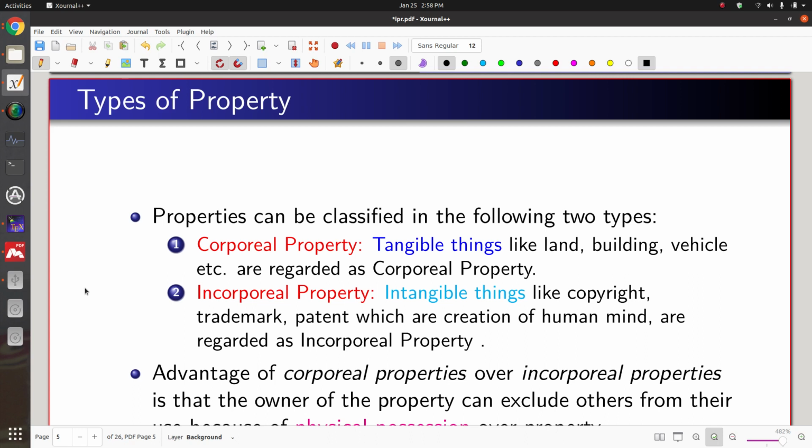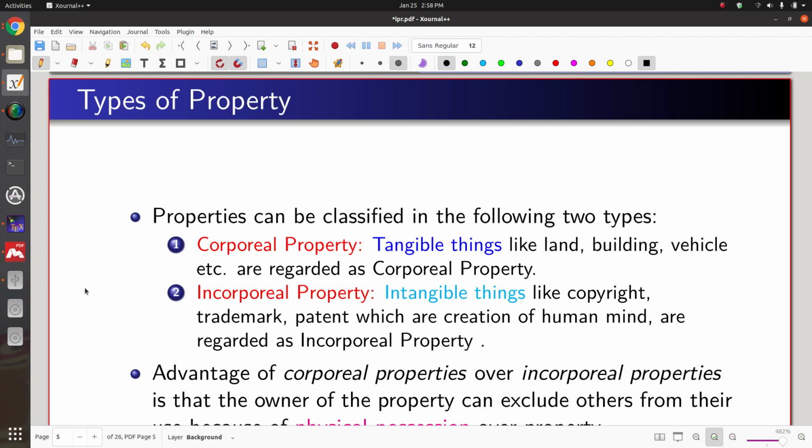Okay, so most of the time, generally before the IPR laws came into force, most of the countries just used to frame the law for possessing the corporeal properties.